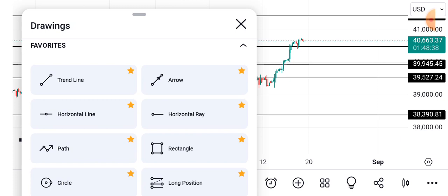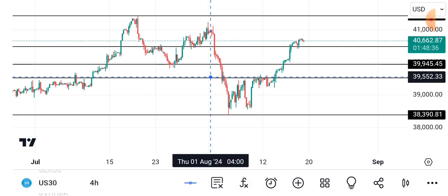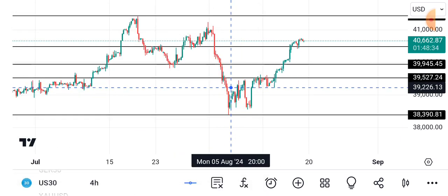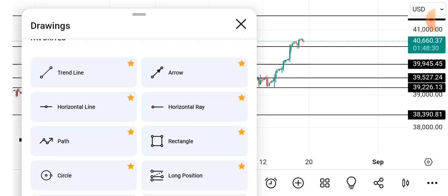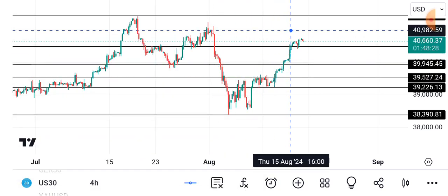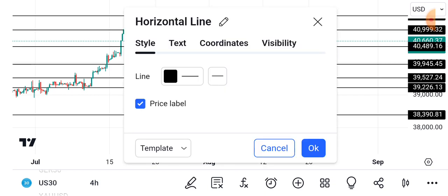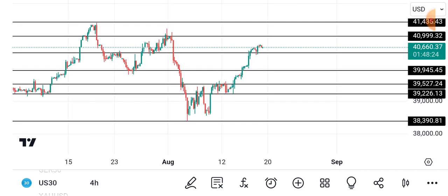There it is. I'm highlighting the points where the market touches and reverses. Sorry for the silence. There is the last point that I will highlight or take note of for this analysis.